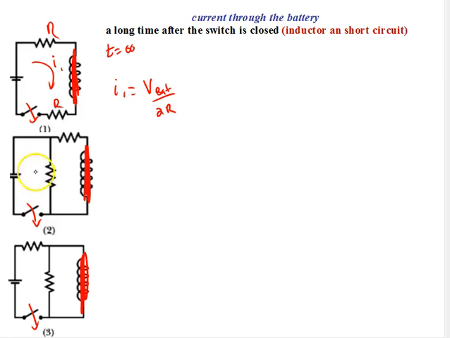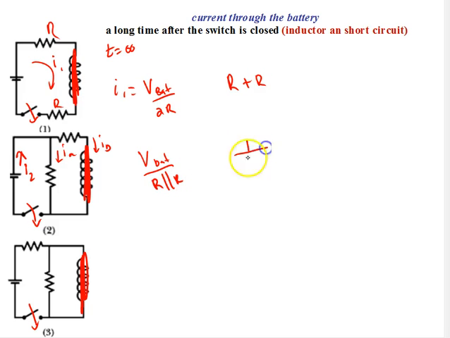In this case, though, our current's going to flow this way, and then it's going to divide, right? So we're going to have a current flowing from our battery. What we want to know is our I battery. It's going to flow here, but we're going to end up with an IA and an IB, right? So the current's got to divide. So here we have V battery divided by R in parallel with R. Here the two R's are in series, R plus R; resistors in parallel, 1 over R plus 1 over R. So that's going to be equal to R over 2.